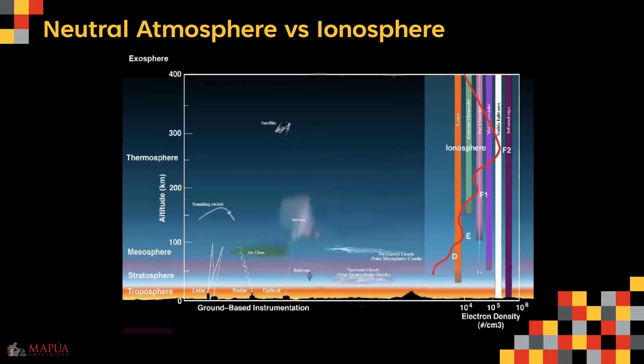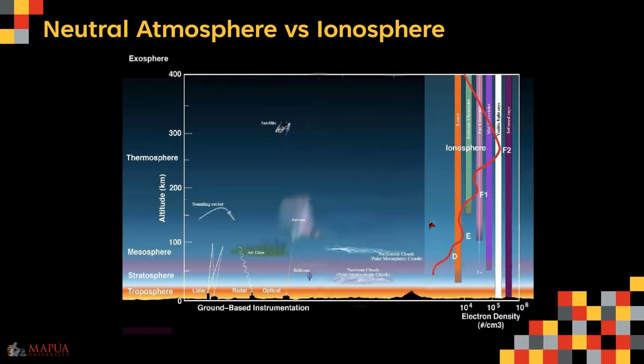The ionosphere generally has four regions: you have your D, E, F1, and F2. These are characterized based on the atmosphere's electron density, so we can classify the layers of the ionosphere based on this.